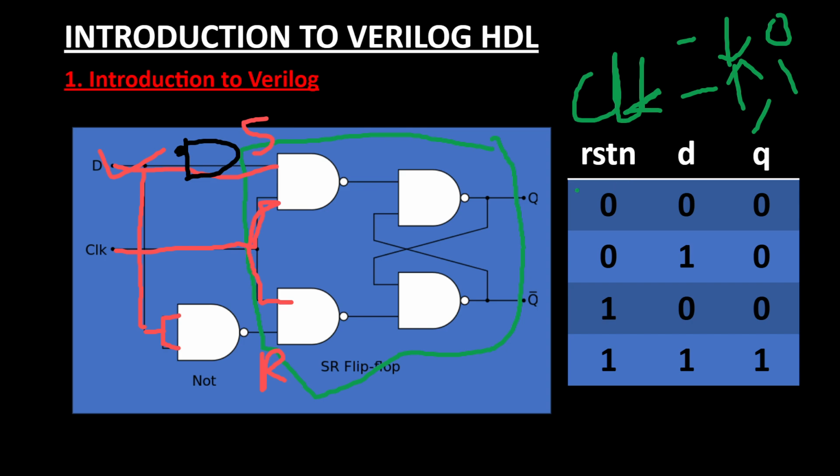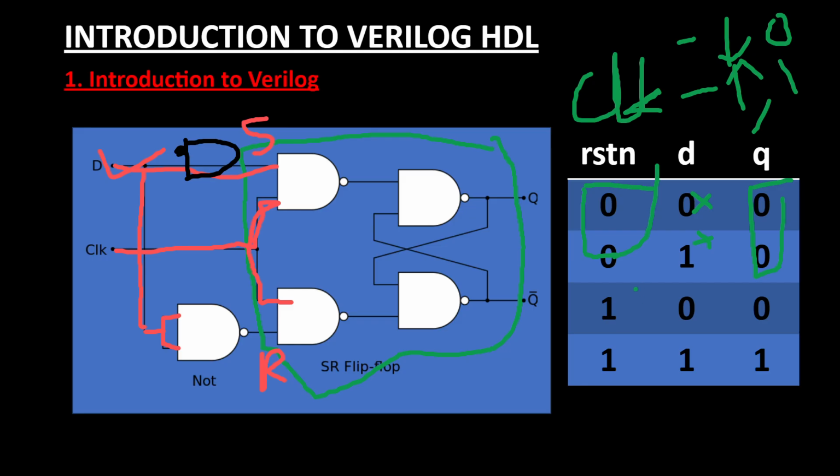So when the clock is active, and at the point of time when the reset is 0, then irrespective of the input D, the output becomes 0. It means it is acting as an active low reset.